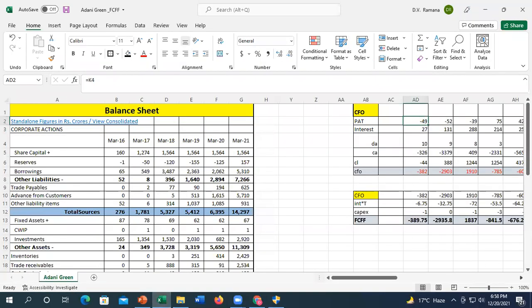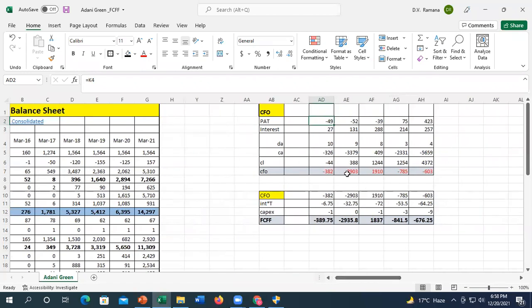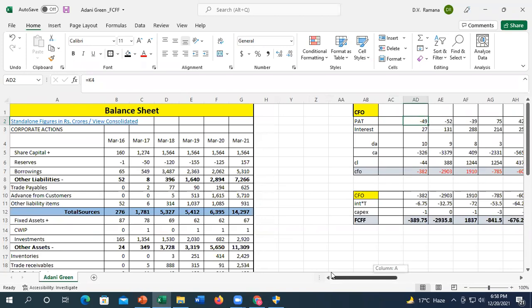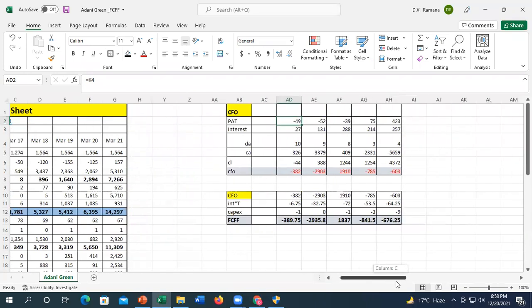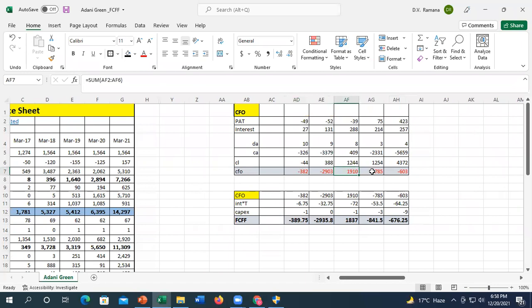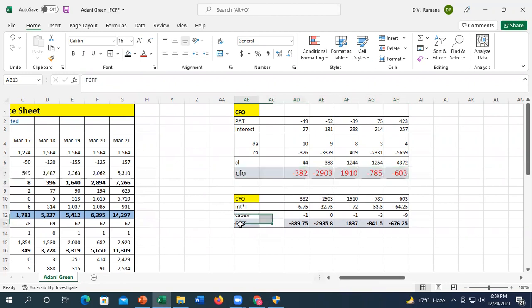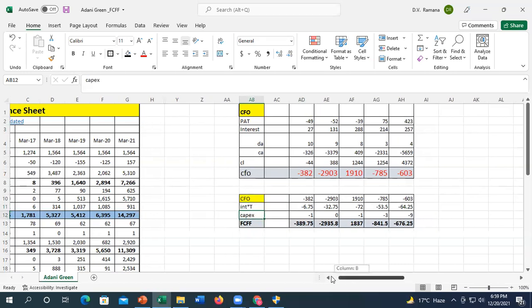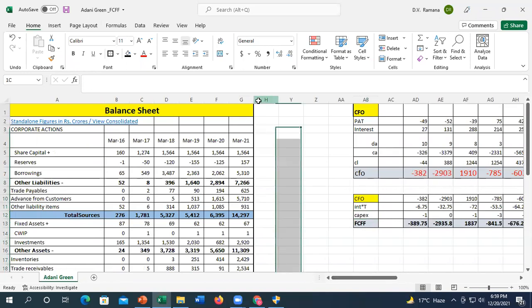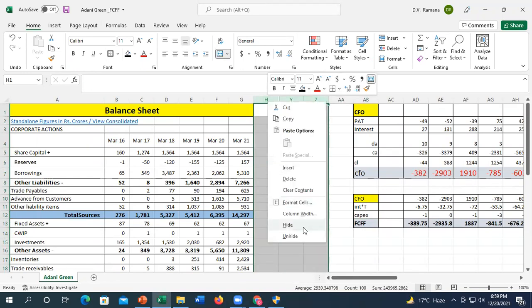CFO is negative. Except for the year 19, in all the other years, CFO is also negative. So what is FCFF from CFO? CFO adjusted for the tax benefits of interest, and CAPEX, will give us the free cash flows for the firm.